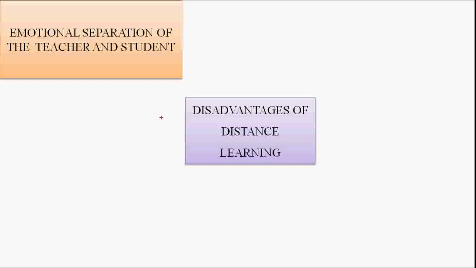Why? Just assume you cannot talk to me directly to solve any problem related to your subject, or you do not share your emotions with the teacher, that means separation is there. As distance education is an indirect education system, therefore emotional separation is present.